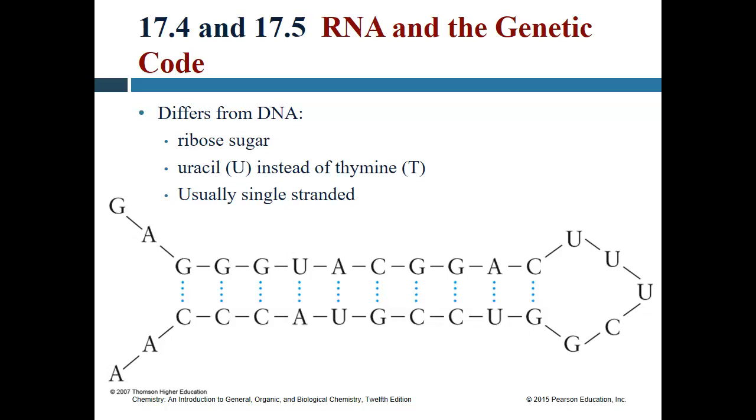Remember, the difference there is just the presence or absence of an OH group on the second carbon in that ring. The other difference is the presence of the base uracil, which stands in the place of thymine, where thymine would be used in DNA.